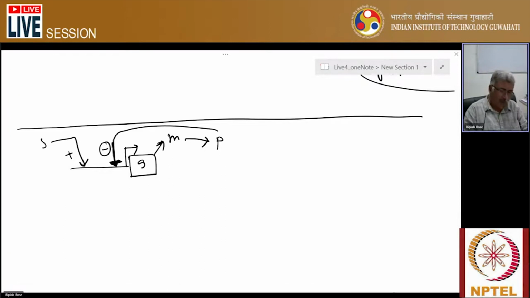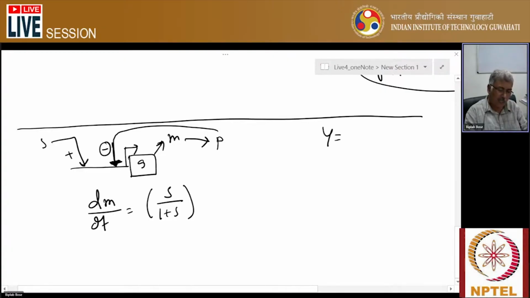For the external signal S, dm/dt is equal to, I have considered, S by 1 plus S. This is the standard Hill function, because if you remember, the Hill function is y equal to x to the power n divided by k to the power n plus x to the power n. n is the Hill coefficient, k is the Hill constant.